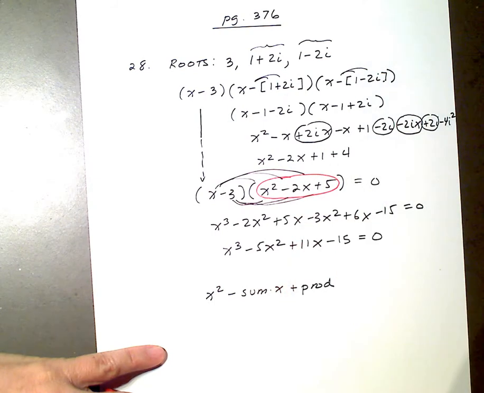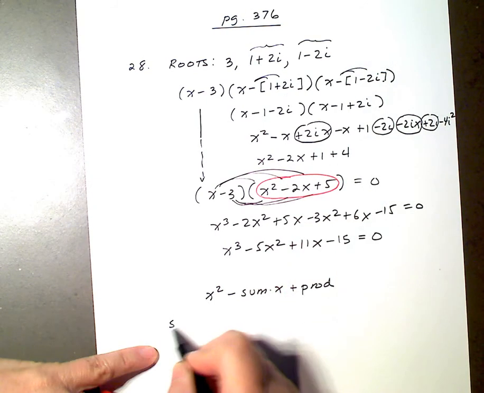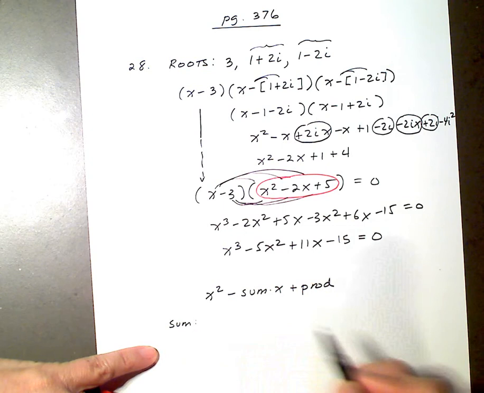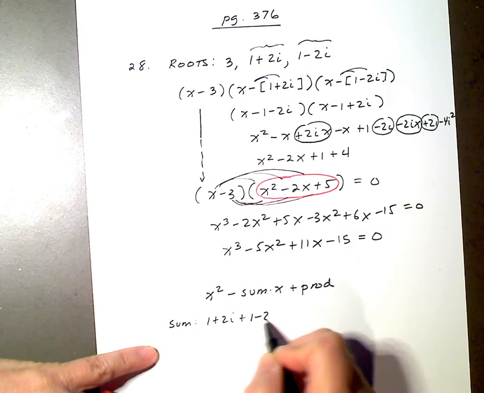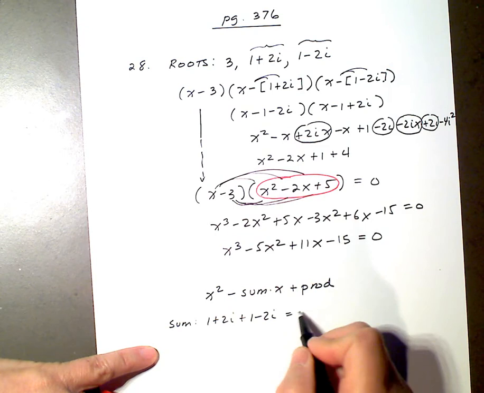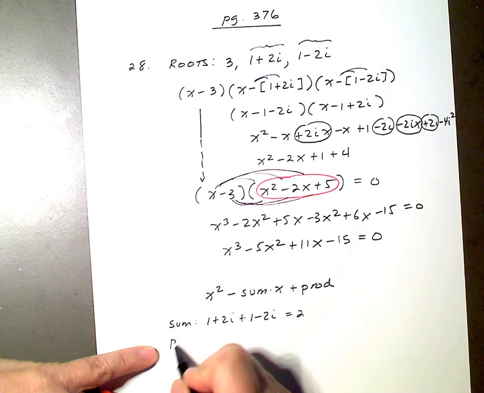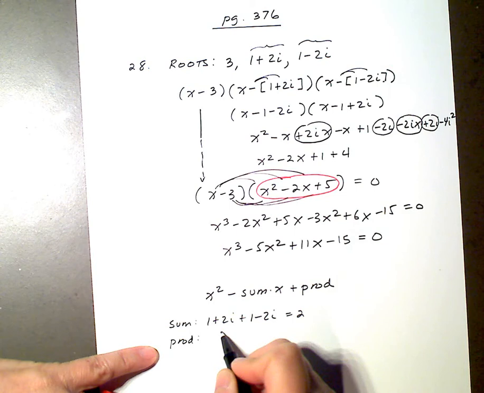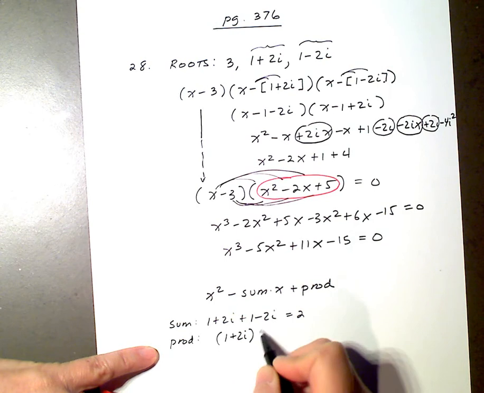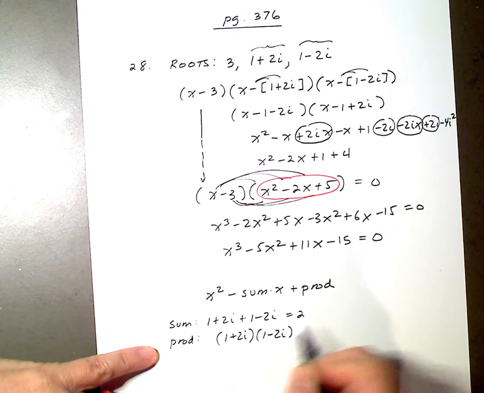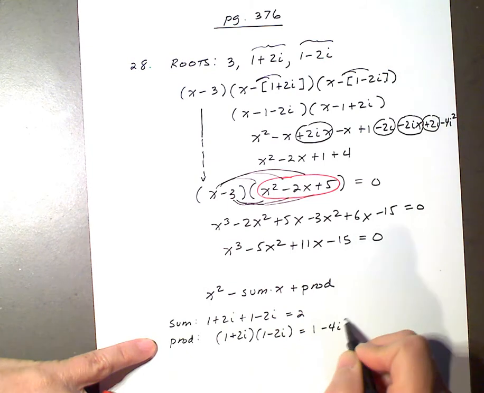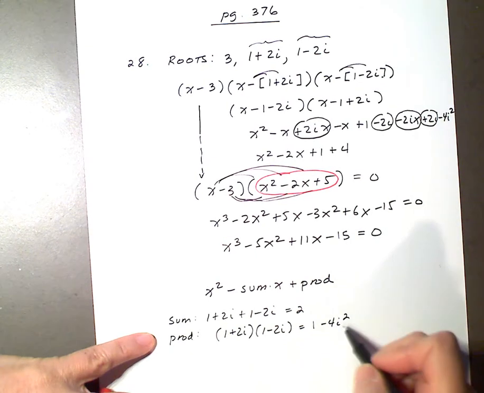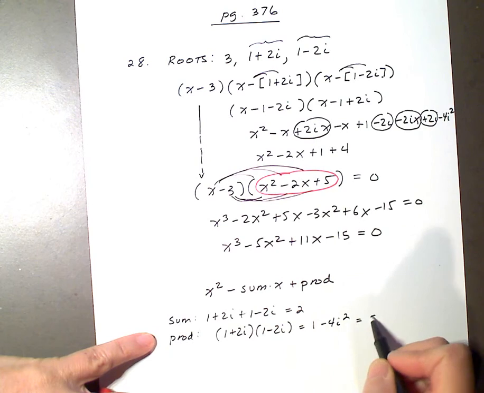So if I look at the sum of the roots, that's 1 plus 2i plus 1 minus 2i. The 2i's go away, so the sum is 2. The product of the roots, you multiply 1 plus 2i by 1 minus 2i, we get 1 minus 4i squared, which is 1 plus 4, or 5.